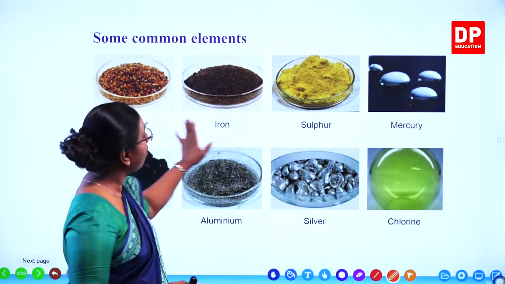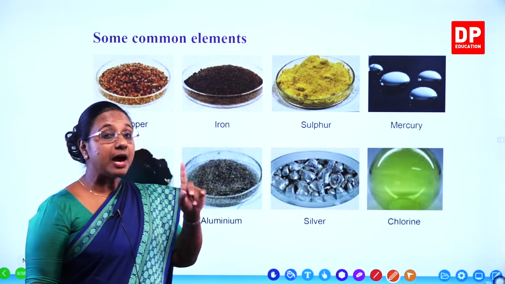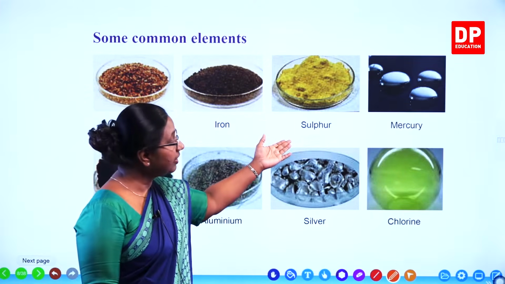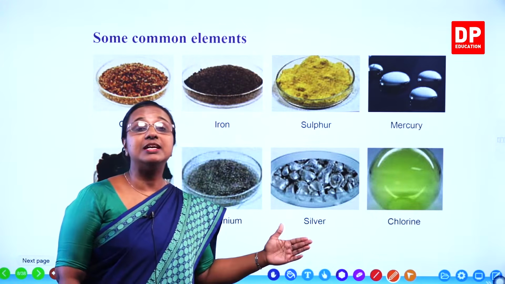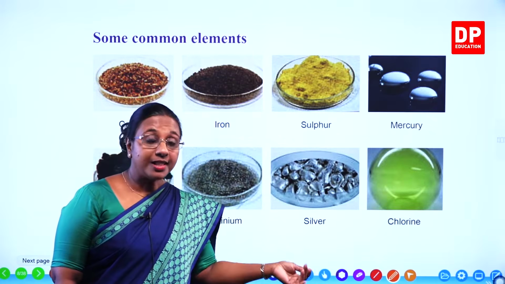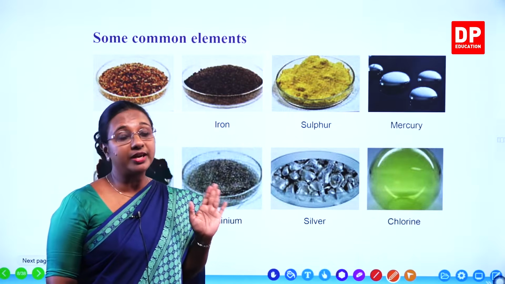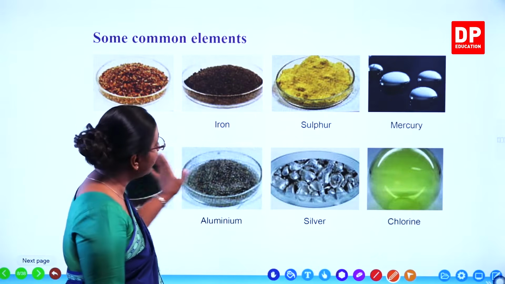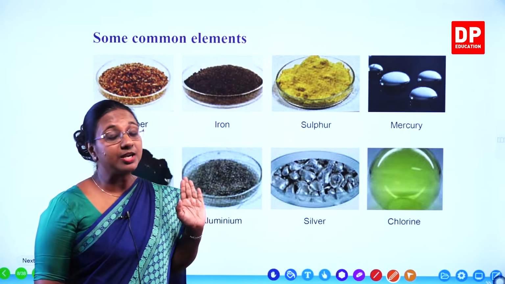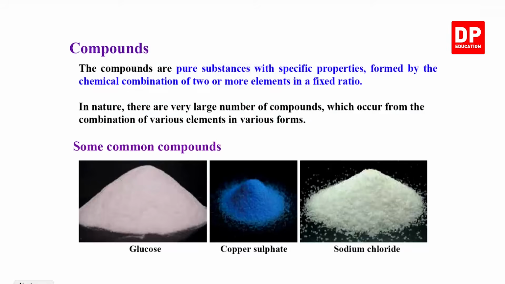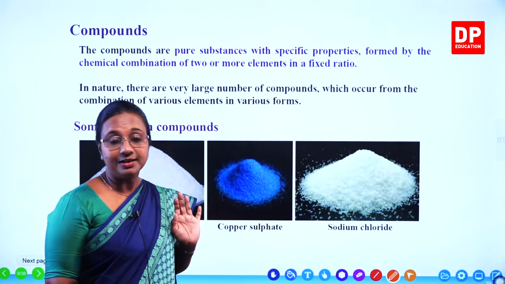And if you take all these elements, they are made up of one constituent component. For example, sulfur. Sulfur cannot be further divided into other substances with specific properties by physical or chemical methods. So, all these are elements. That is what you have to understand. With that, I will move on to the next slide where we discuss compounds. That again, I showed you all in the lab.